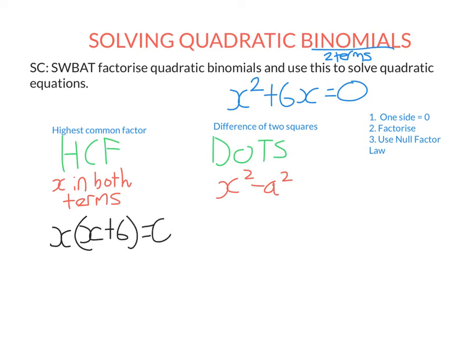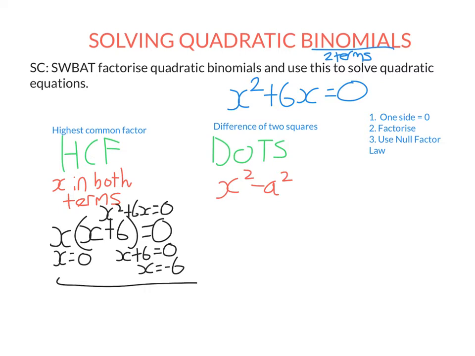If I were to expand this expression, I would get that. So now it's factorized. I've written it as something times something equals 0. We use the null factor law. Either the first thing is equal to 0, or the second thing is equal to 0. And if x plus 6 equals 0, x equals minus 6. How easy is that? So that was for x squared plus 6x is equal to 0.